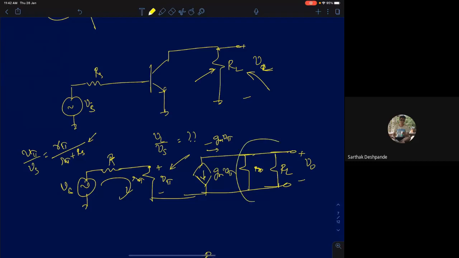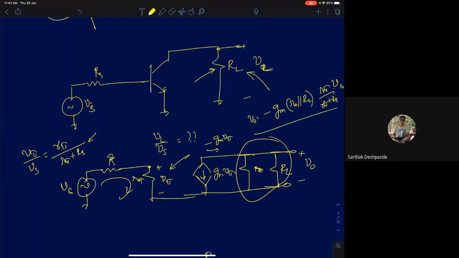Both these resistors are in parallel. So you have a voltage drop of V naught, which is minus of gm into R naught parallel RL into V pi. Now replace your V pi with R pi by R pi plus Rs into Vs. That's it.